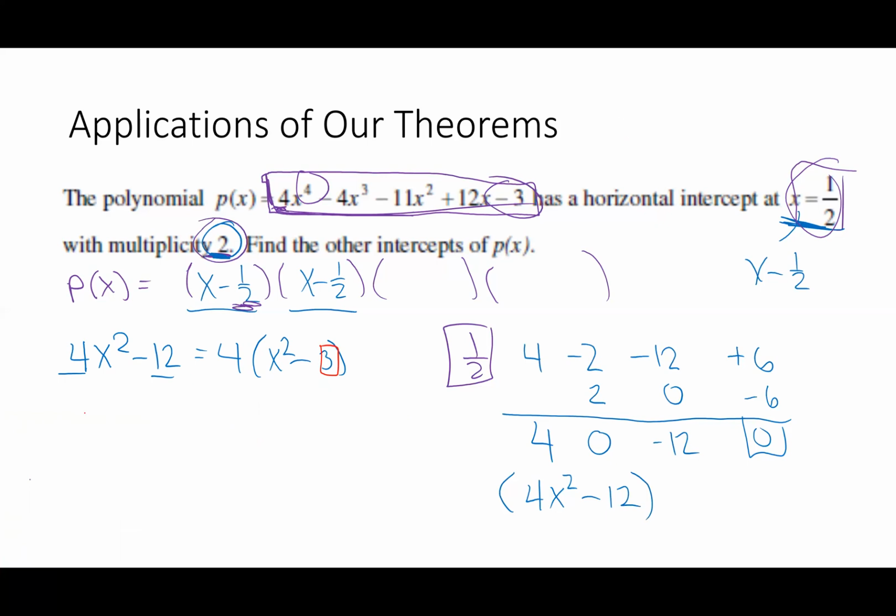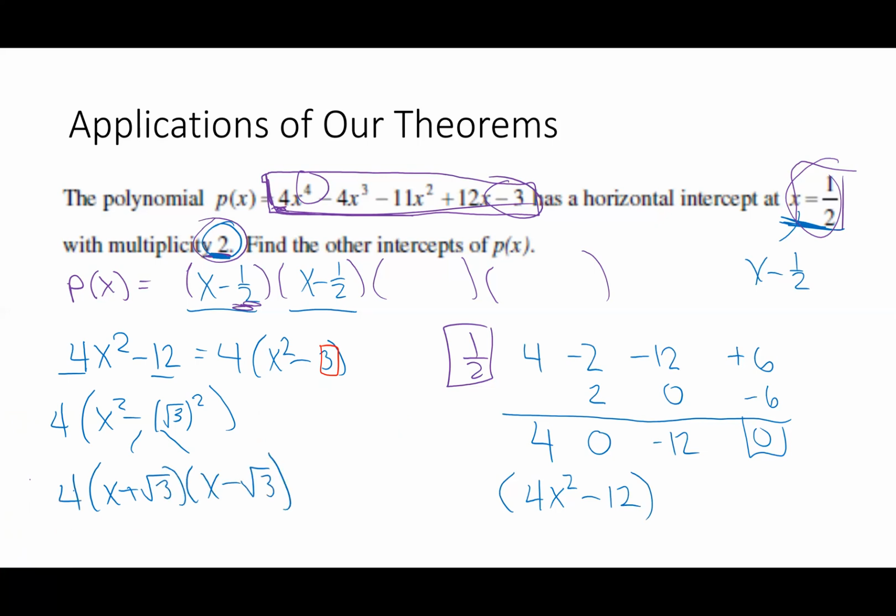But think of it like this. There is a number which, when I square it, I get 3 exactly, and that's the square root of 3. So now I can actually break this up into two factors, x plus the square root of 3 and x minus the square root of 3.